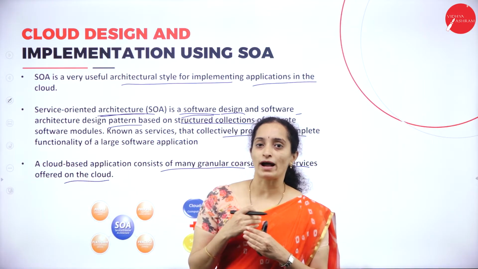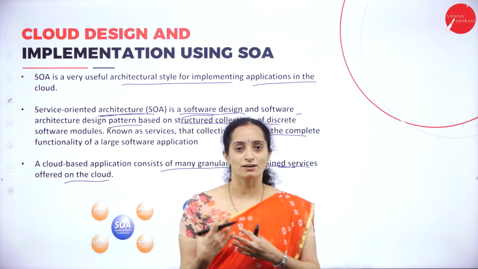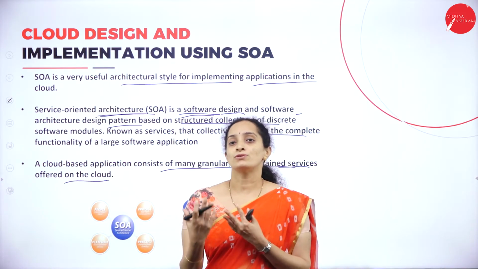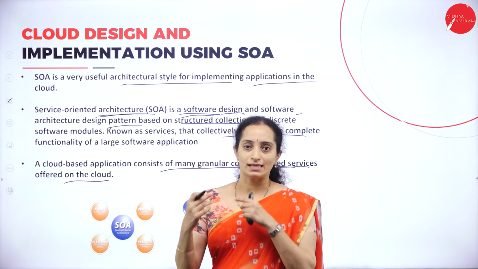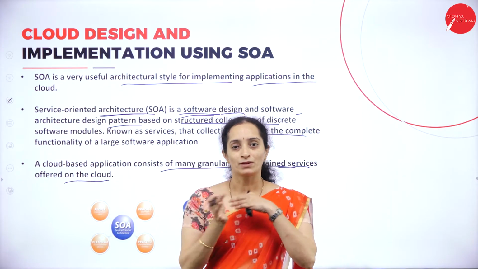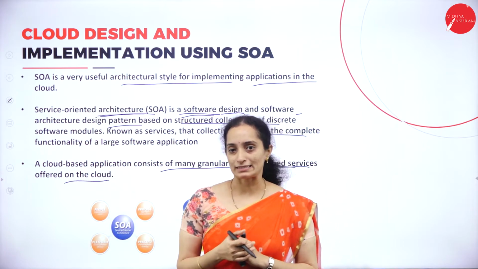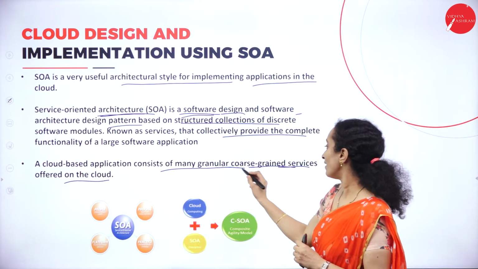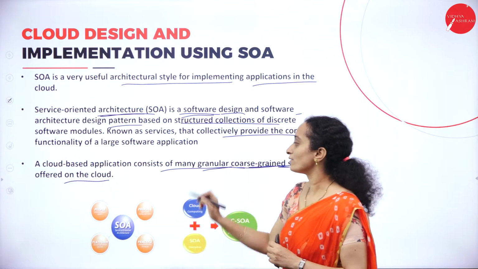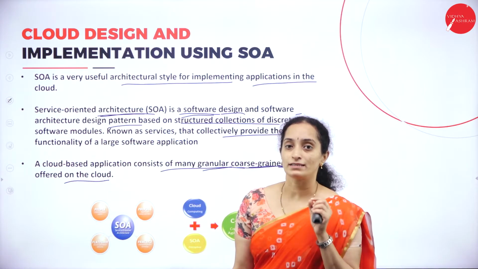Suppose I am a professional photographer, and I store all the images I have captured in my camera to the cloud. That is not a prominent service, but it is a coarse-grained granular service offered by the cloud.